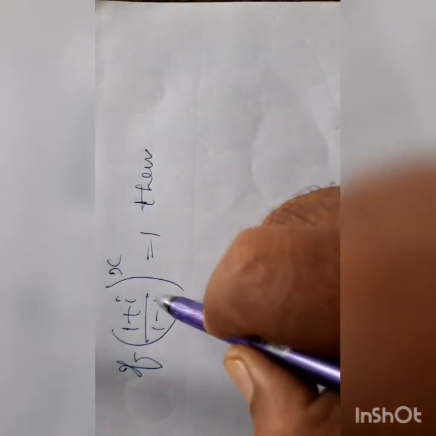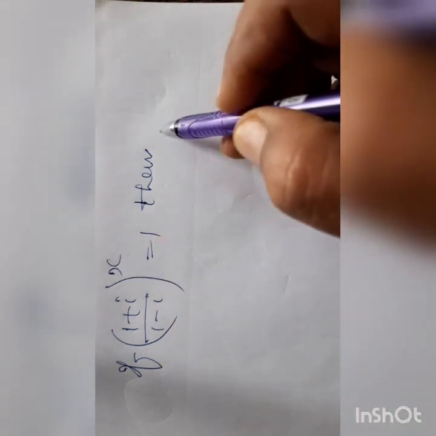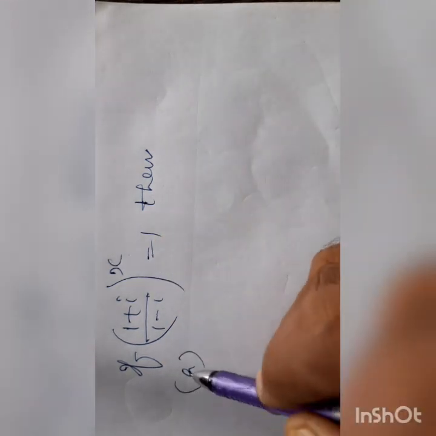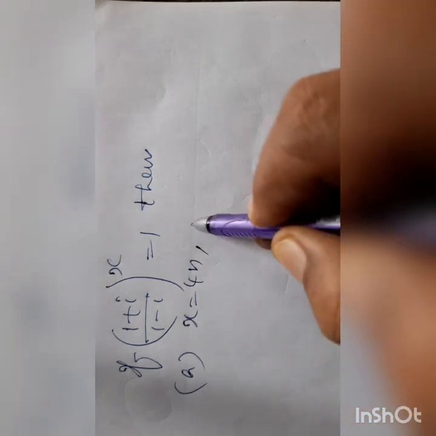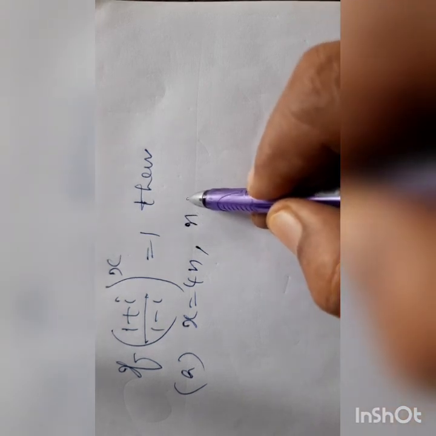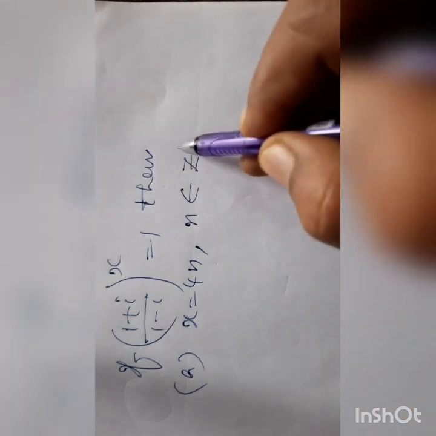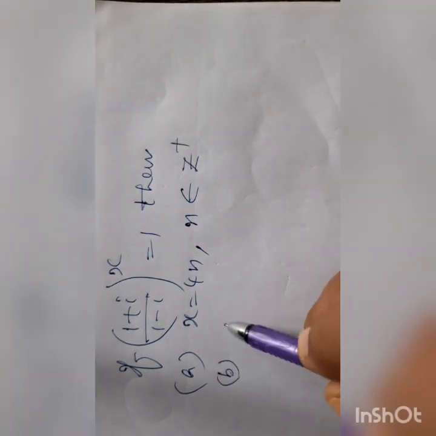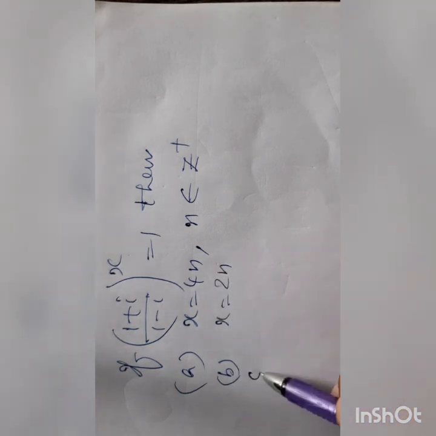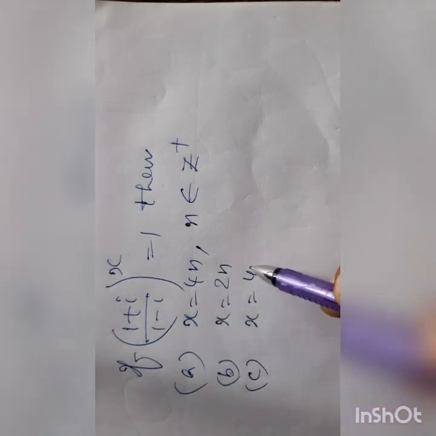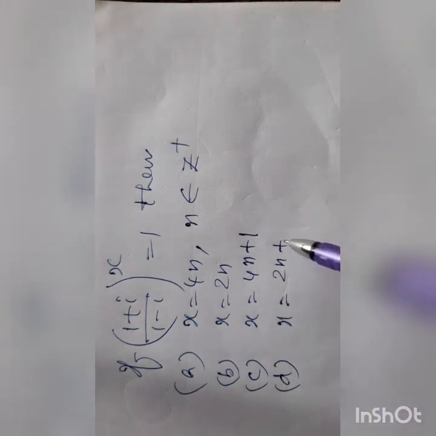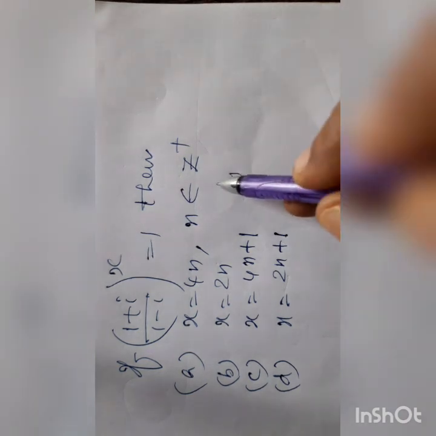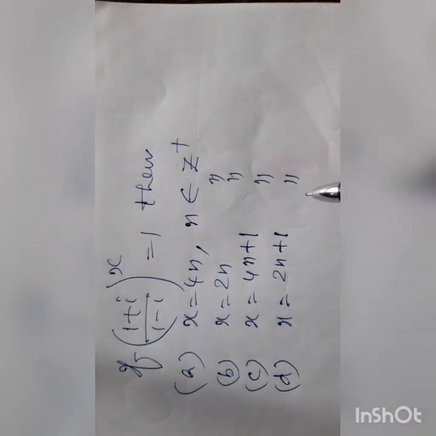If (1 plus i by 1 minus i) whole to the power x equals 1, then x equals 4n, where n is any positive integer and belongs to z plus; or x equals 2n; or x equals 4n plus 1; or x equals 2n plus 1, where n belongs to z or n belongs to z plus.